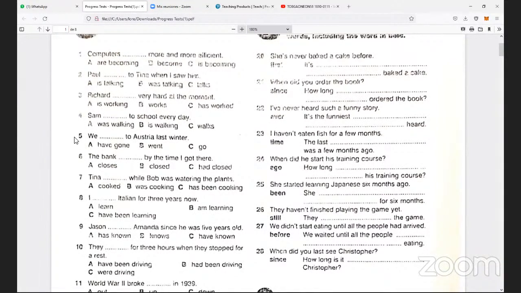Very good. He's working. Sam walks to school every day. Excellent. 5, we went to Austria last winter. Very good. Excellent.